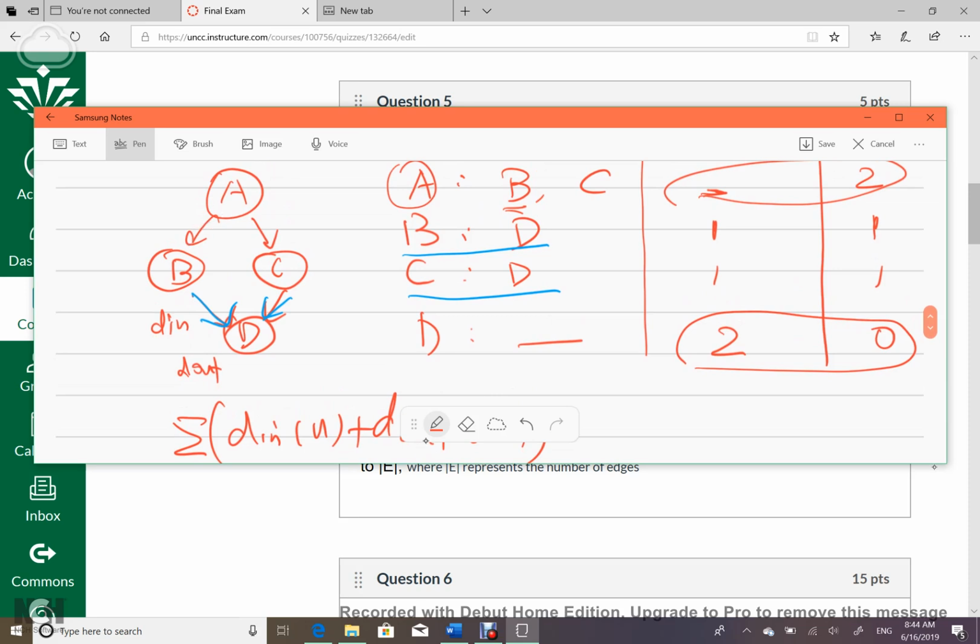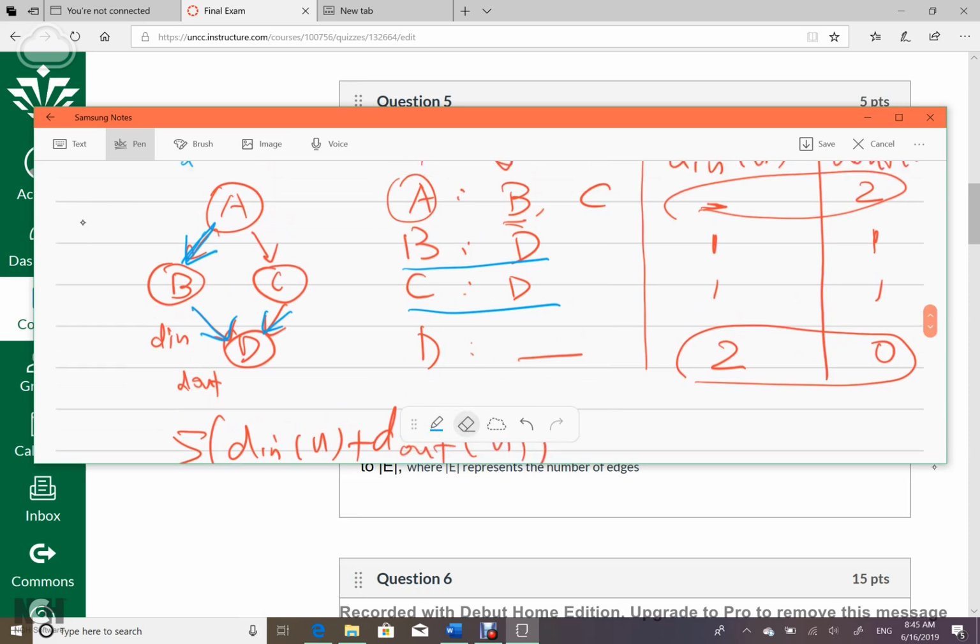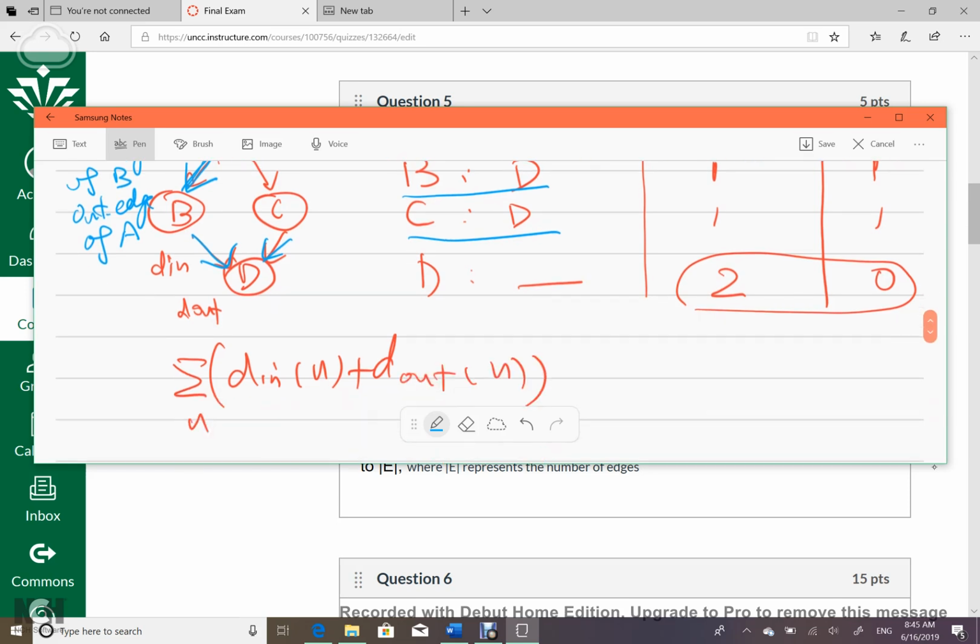This edge, let's write it down here. This edge is the in edge of B, out edge of A, right? One edge. So in that case, this one double count.